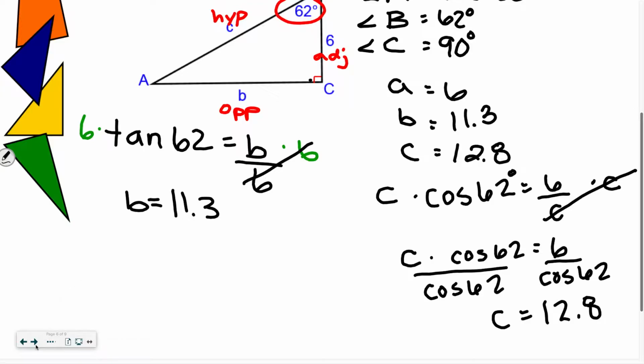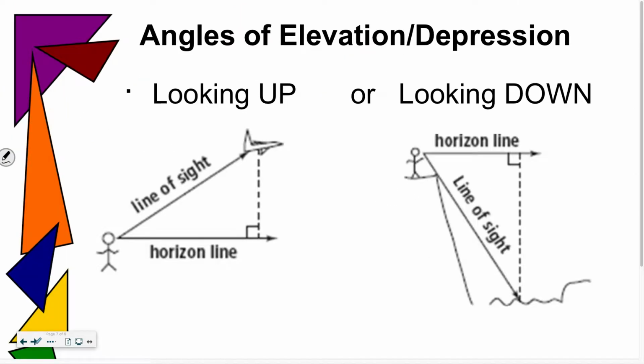I think this is my last example. Oh, first I have to talk about this. Angle of elevation and angle of depression. I just want to be really clear about this because sometimes people get confused. So angles of elevation and depression come from a horizontal.